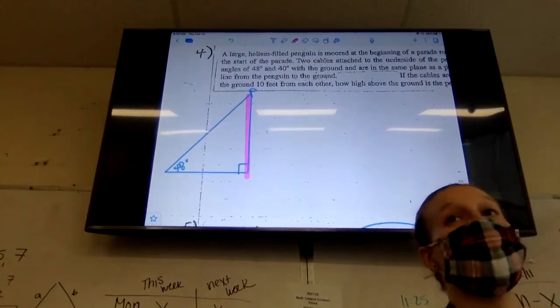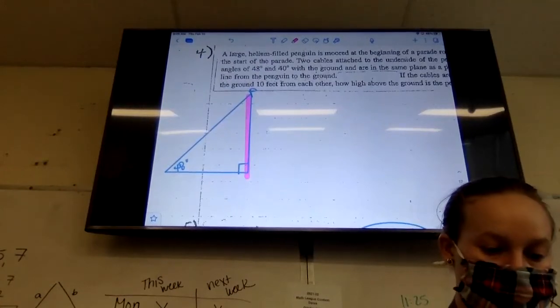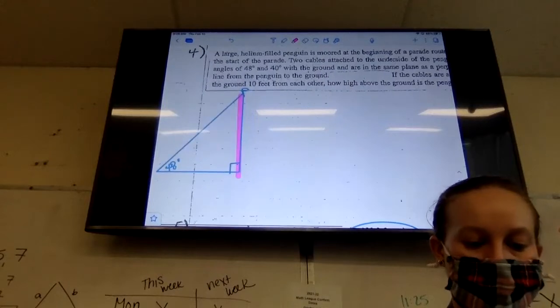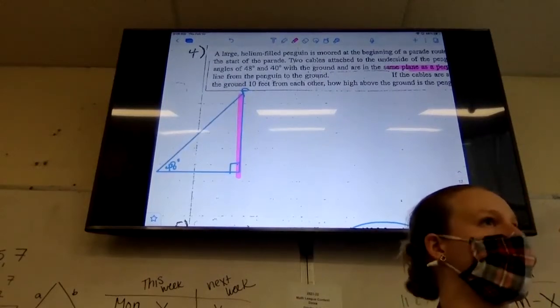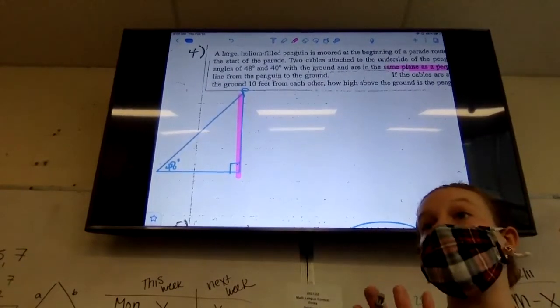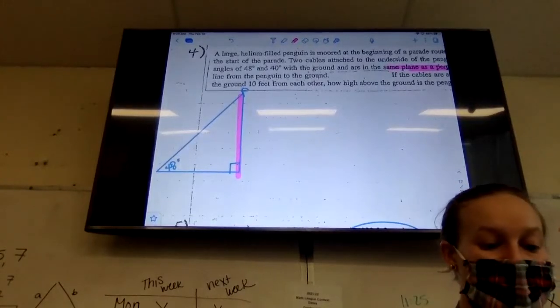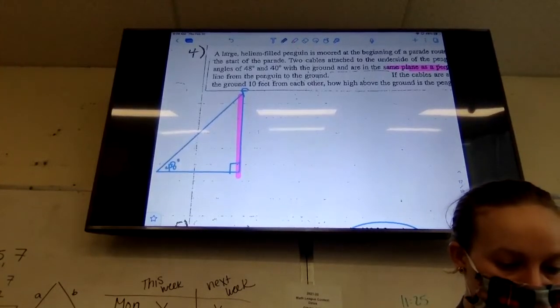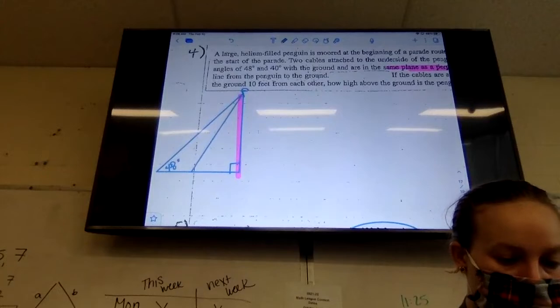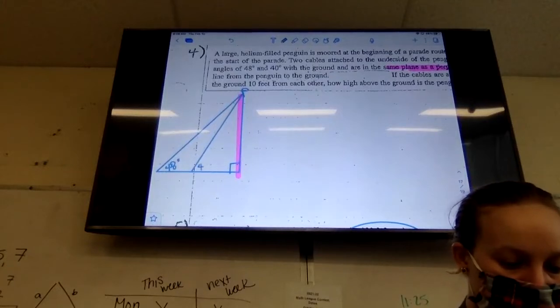The perpendicular is not a cable. It's in the same plane as the angles. So I can think of the perpendicular as being an important line, which is helpful to us because we're in trig. We're only talking about right triangles. We need a right angle somewhere. Now there's another cable also attached to this penguin right here in the middle, and that's at a 40-degree angle.